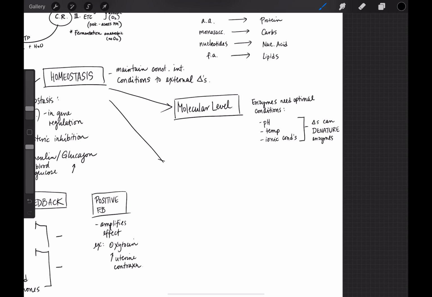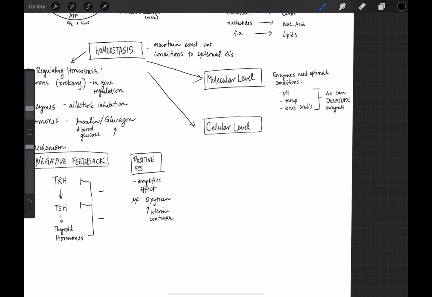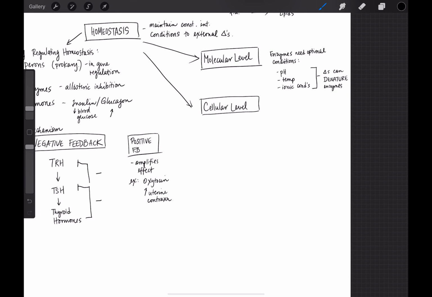Okay, that's molecular level. Let's move on to the cellular level. Okay, for the cellular level, we looked at the importance of cell size. In order to maintain homeostasis and balance and function and control, it's important that the cell remains small.